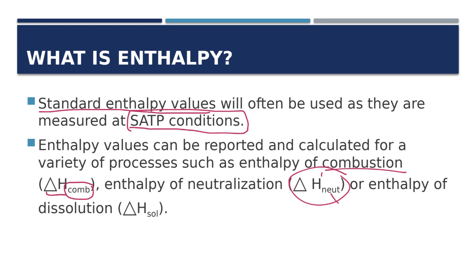Or maybe we're calculating the enthalpy of solution. So we're taking some solid and dissolving it in water. And we know that that physical change would either be exothermic or endothermic, and we can calculate that. So oftentimes you're going to see little words written beyond the delta H symbol, and that's just trying to be more specific as to what kind of change you're talking about.